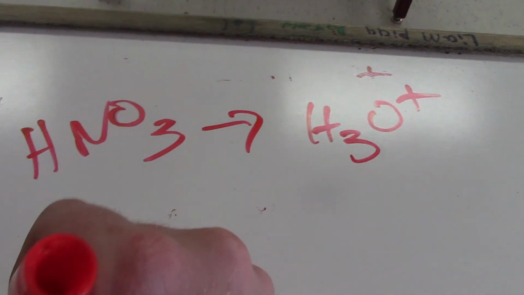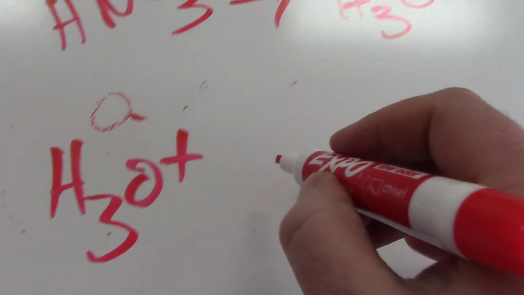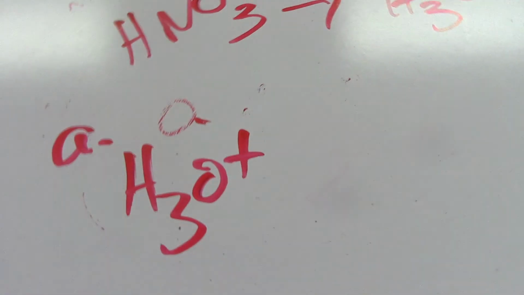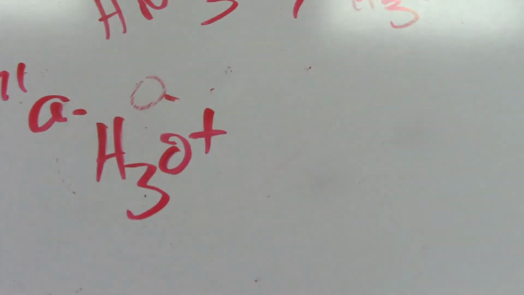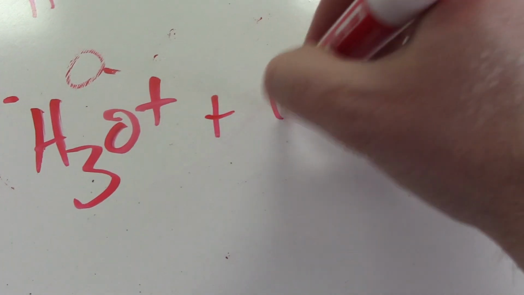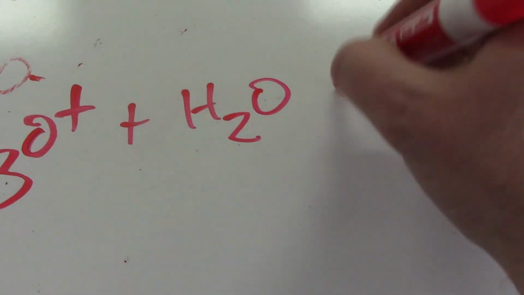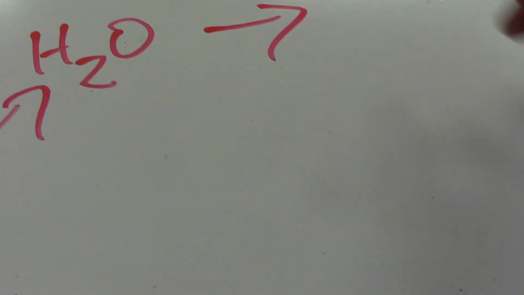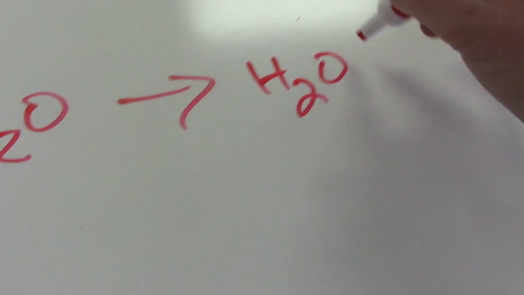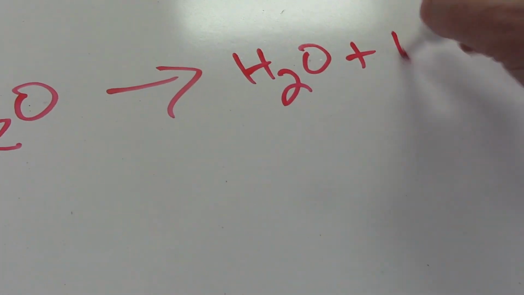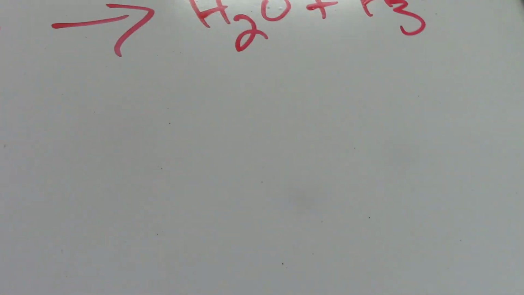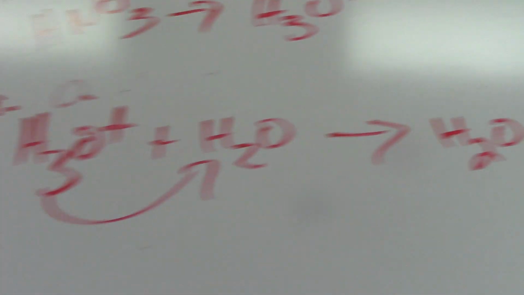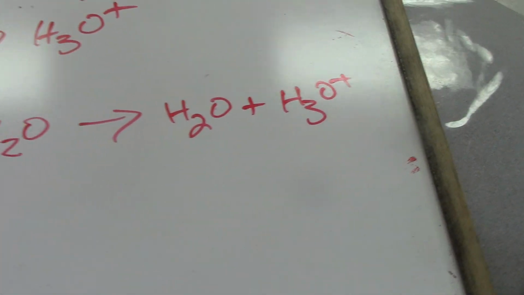Here's what happens when H3O plus, this is A on page 171, reacts with water. It's going to donate a proton, so we end up with H2O plus H3O plus again. So this is really acidic. The acid makes more acid.